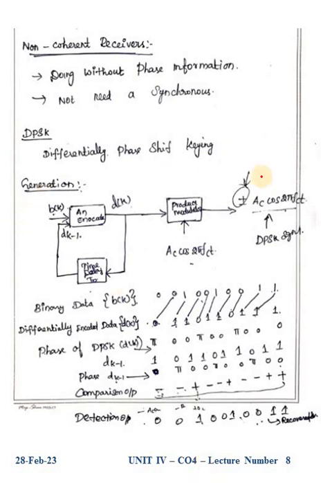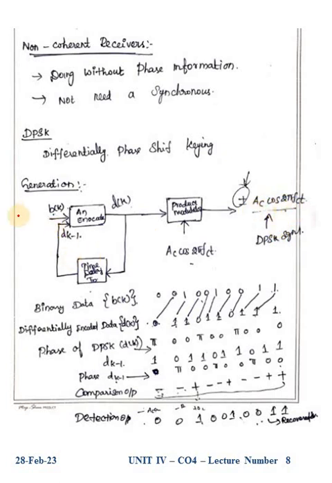I hope you remember the operation of DPSK modulation. This is the generation block. It consists of an encoder, time delay unit, product modulator, summer, and finally we generate the DPSK signal.